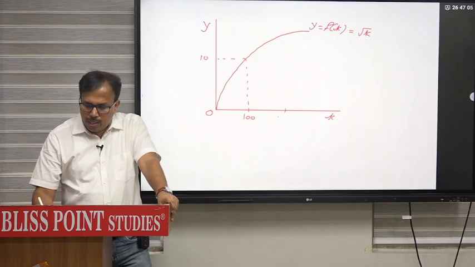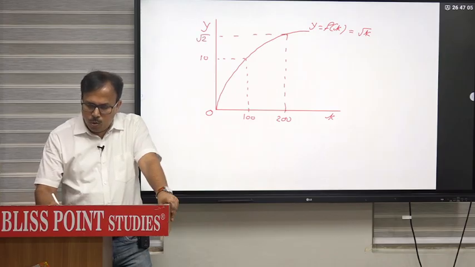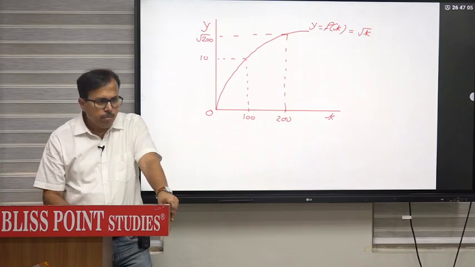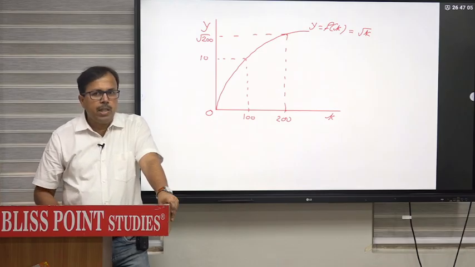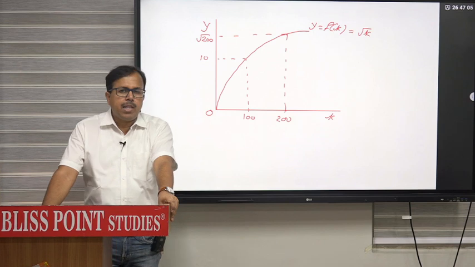But if you increase capital to 200, then output will not become 20. It will be less than 20. That will be under root 200. Output will increase with capital, but it will increase at a diminishing rate.